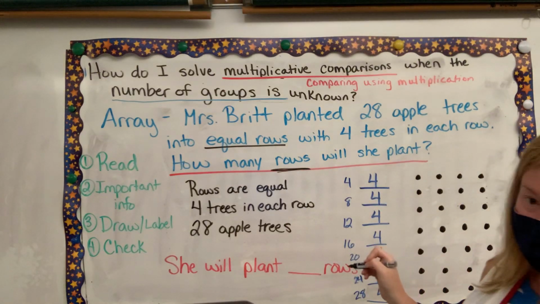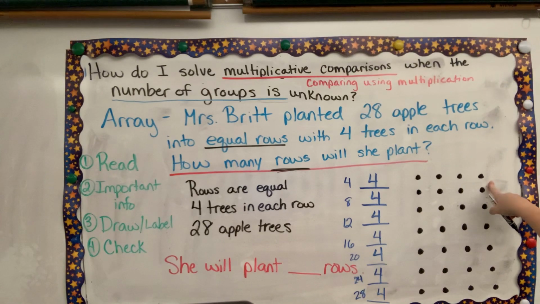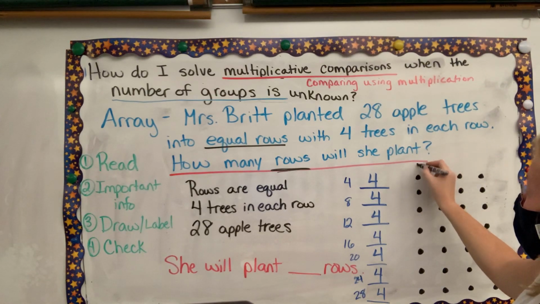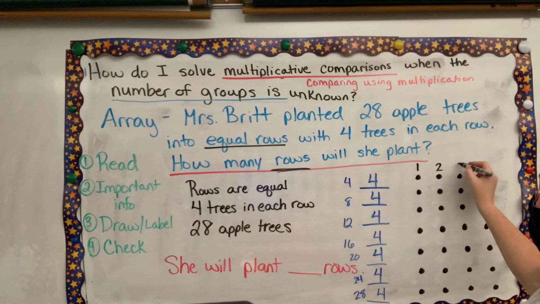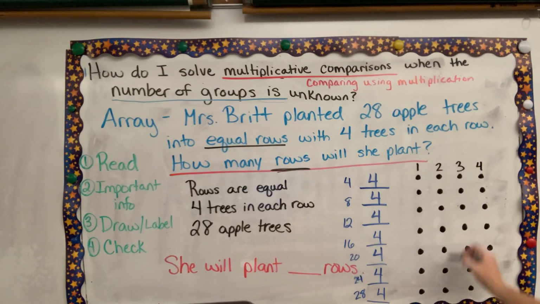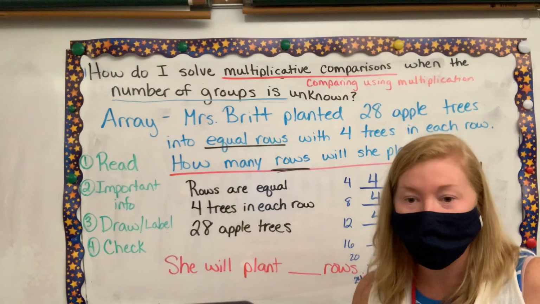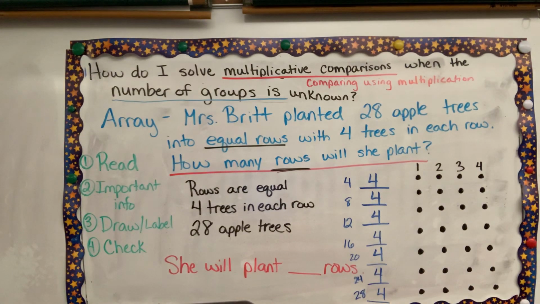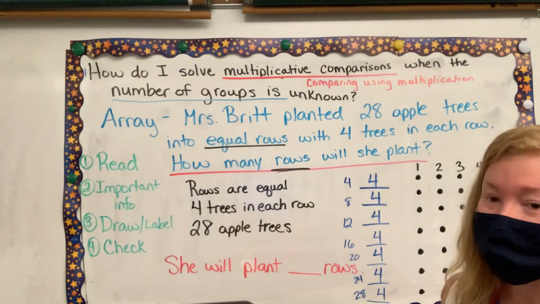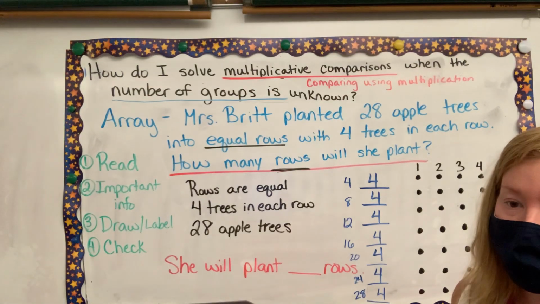I know that my rows are equal, but I do not know how many rows I'm going to plant. What I do know is that there are 4 in each one, which means I have 4 columns. Column 1, column 2, column 3, column 4. How many rows do I have? Show me with your fingers. You have to use 2 hands. Everybody participates.